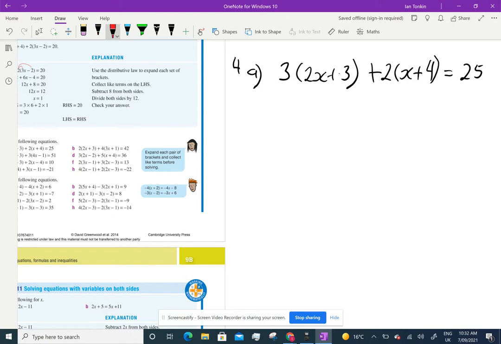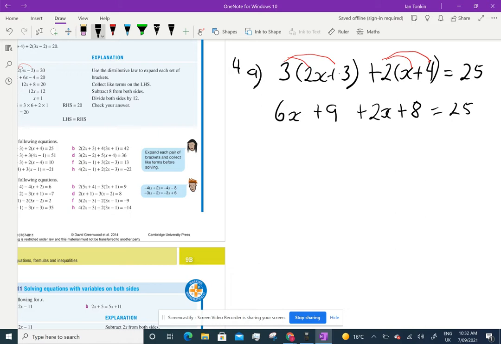So this time, I'm going to have to expand. I'm going to have to multiply the 3 by those 2, and I'm going to have to multiply the 2 by these 2. So, 3 times 2x, 6x. 3 times 3, plus 9. 2 times x, 2x. 2 times 4, 8 equals 25.